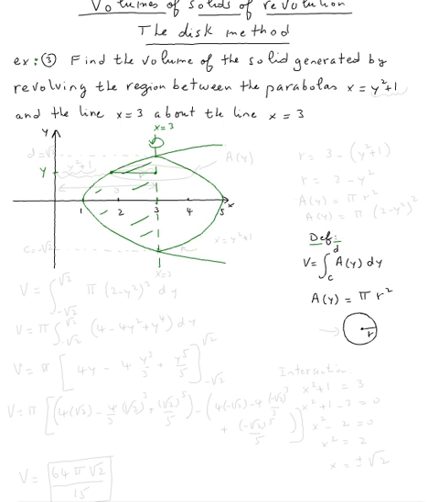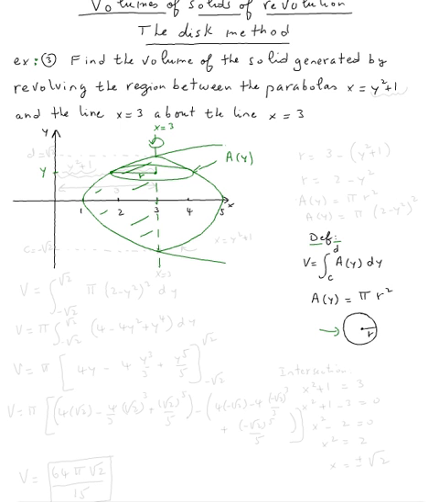So the cross-section will look like this, and this is the radius. So this is A of y, which is right here.